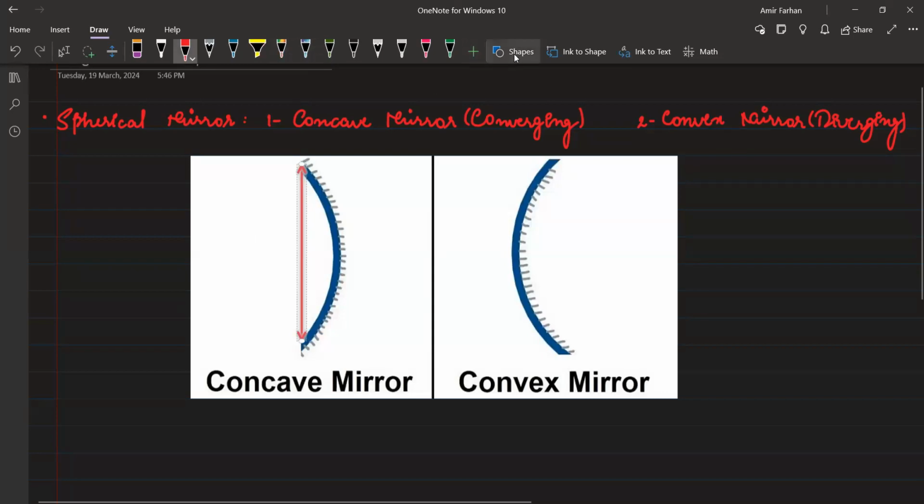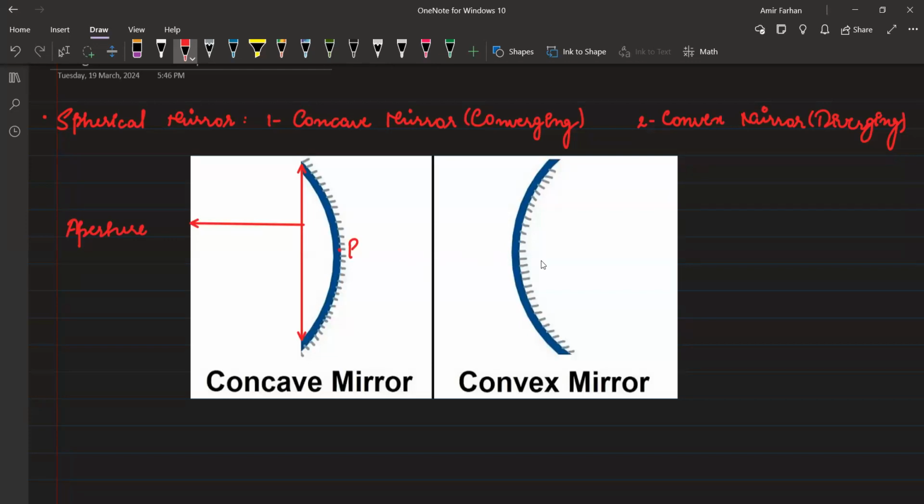And this middle point will be called the pole. Like this, the same applies to the convex mirror. In convex, the outer part will be shiny, and in concave, the inner part will be shiny. Clear?